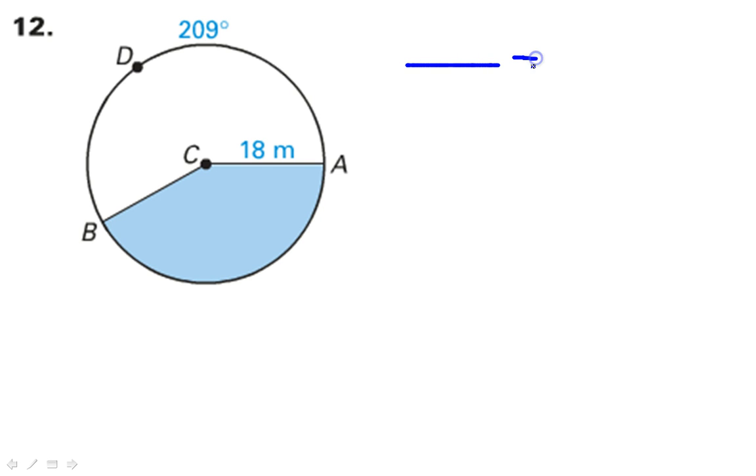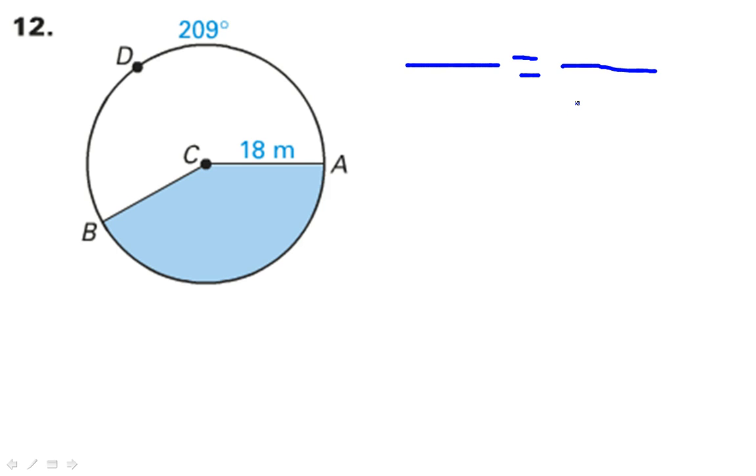It's going to happen right at the beginning. If I point to somebody and say, tell me this fraction over on the right-hand side, half of you would probably say 209 over 360, but that would be wrong.